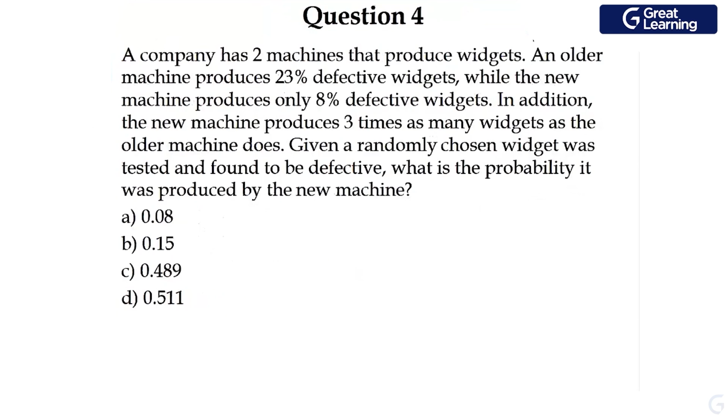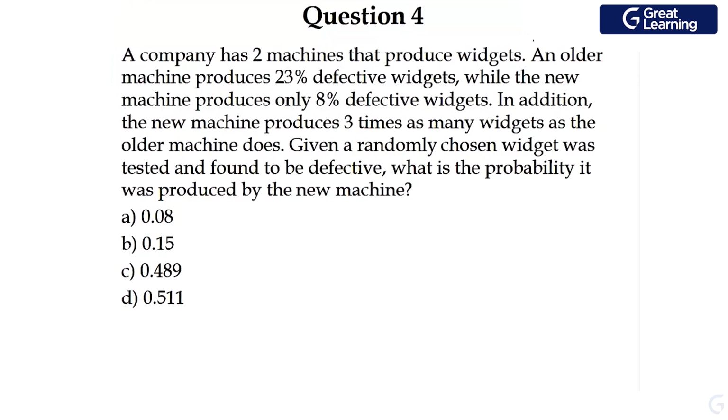Now look at this problem. Two machines are there, a new machine and an old machine. It's a commonly faced problem in production, operations and so on. The older machine produces 23% defective widgets. The defective rate is 23%. The new machine produces only 8% defective widgets.